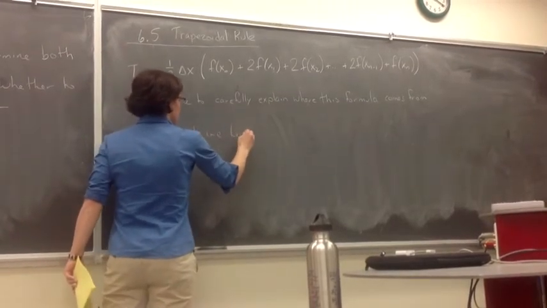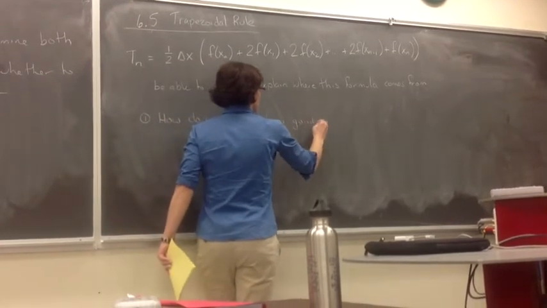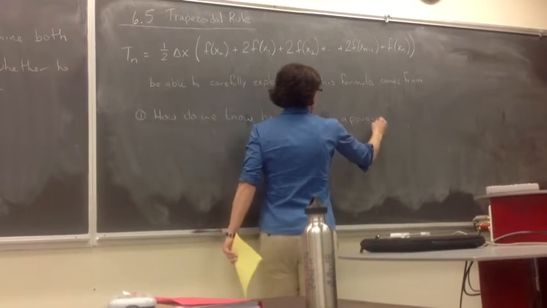how do we know how good our approximation is?